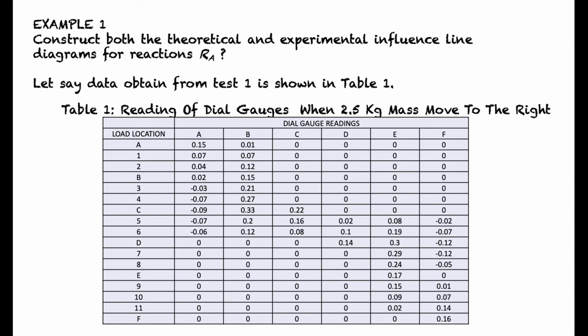So here we will construct the influence line derived from the experimental. Therefore, we take the RA reading at dial gauge A when the 2.5 kilogram load is at position 1, 2, 3, and so on. We abstract it.